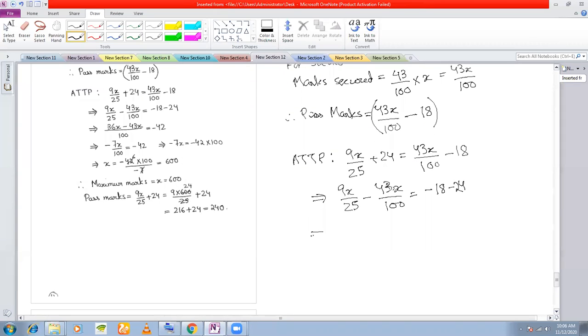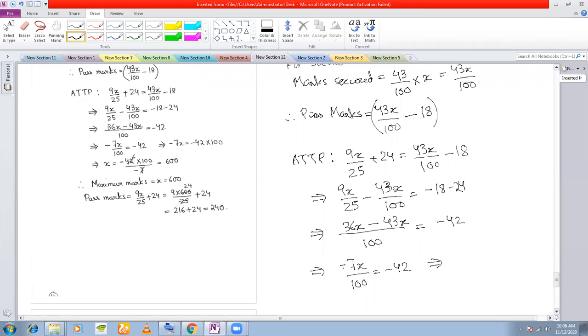Now you can take the LCM here. 100 is the LCM. So 100 by 25 is 4. 4 into 9 is 36x, minus 100 by 100 is 1, 1 into 43x is 43x, is equal to minus 42. Now 36 minus 43 is minus 7x divided by 100 is equal to minus 42.